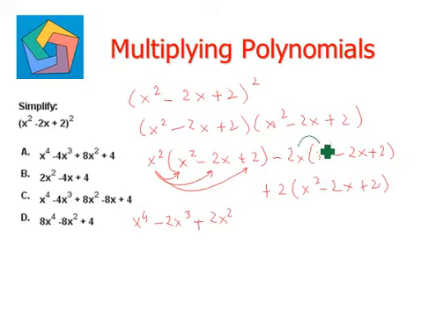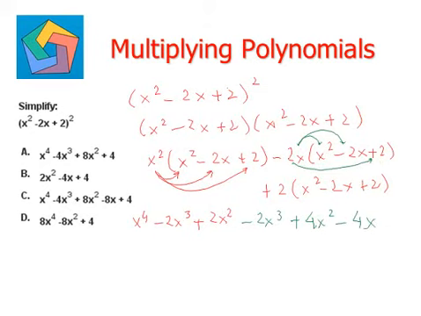Negative 2x times x squared is negative 2x cubed. A negative times a negative is a positive: negative 2x times negative 2x is 4x to the power of 2, and negative 2x times a positive 2 is negative 4x.